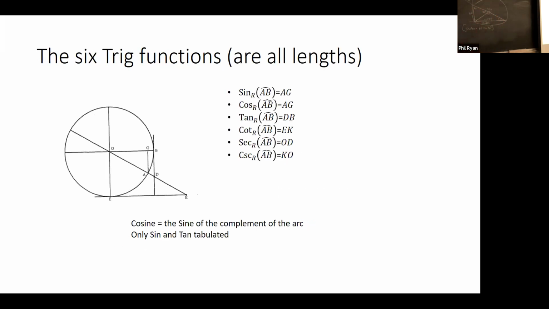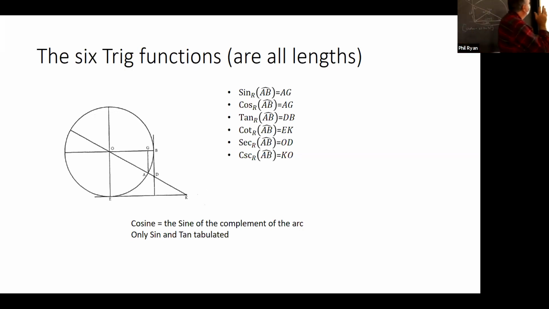And so again, this is from the transversal figure. He gave all the 6 trig functions as lengths. We think of a trig function as a ratio, like opposite over hypotenuse. I don't think that came in until the 17th or 18th century, basically.